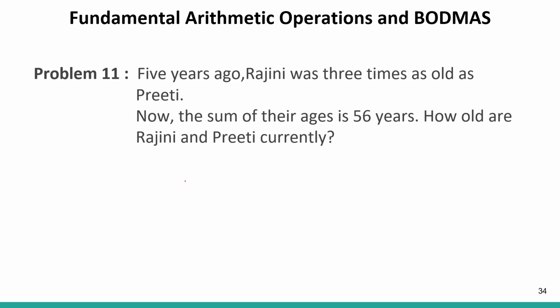So let Rajani's current age be X. Rajani was 3 times as old as Priti 5 years ago, so X minus 5 is equal to 3 into Y. If Priti's age was Y before 5 years, Y is Priti's age before 5 years.